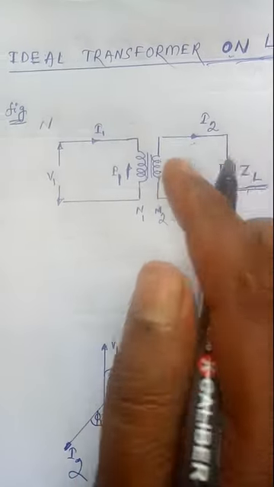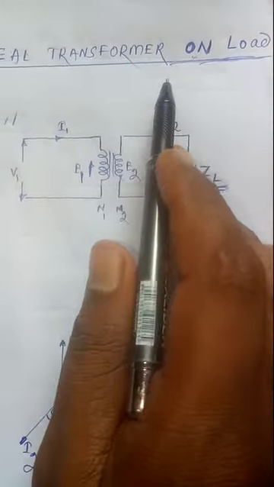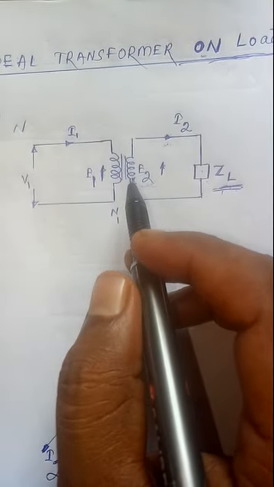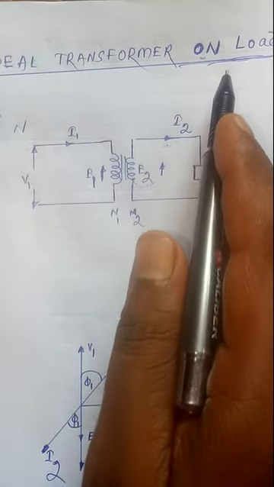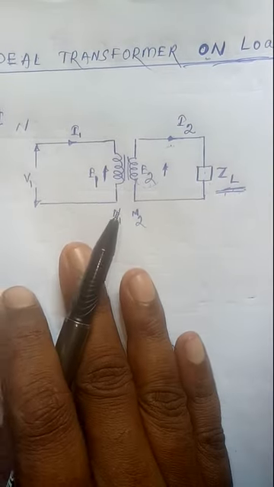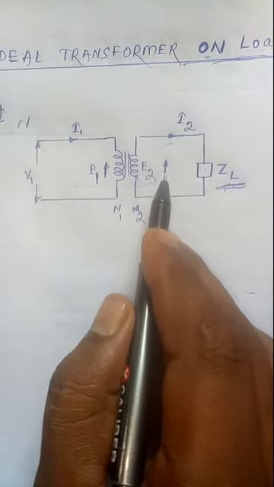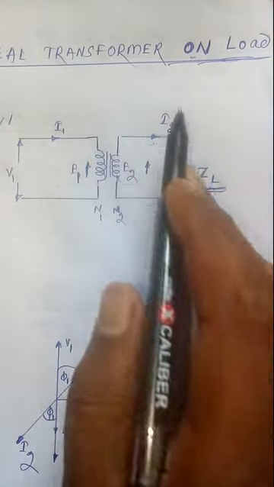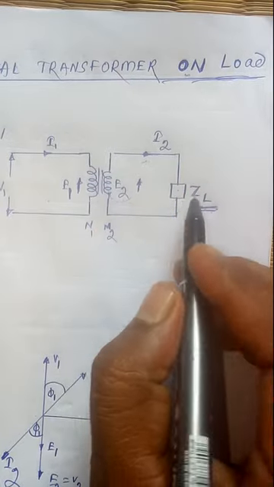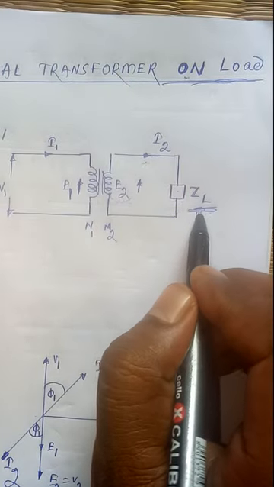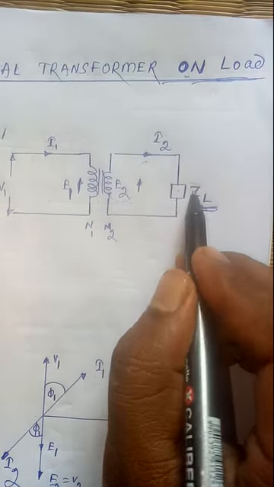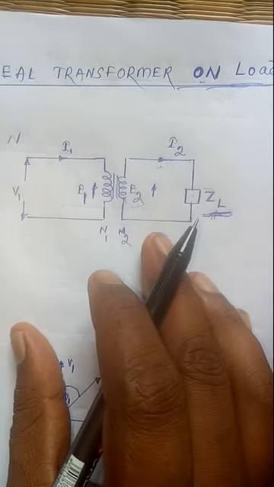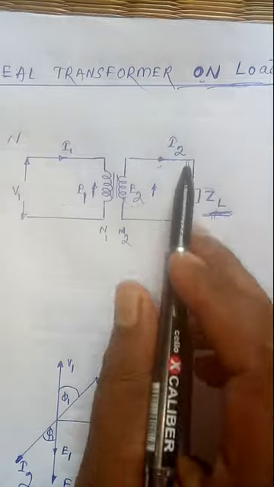Now we'll study the ideal transformer on loaded condition. Earlier, the behavior of the ideal transformer on no load condition was studied. Now this one is your primary side and this one is your secondary side. As the ideal transformer is loaded, the secondary load impedance ZL is connected across the secondary.